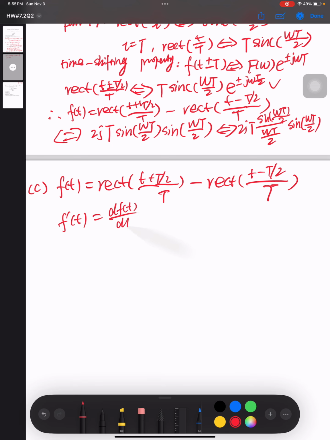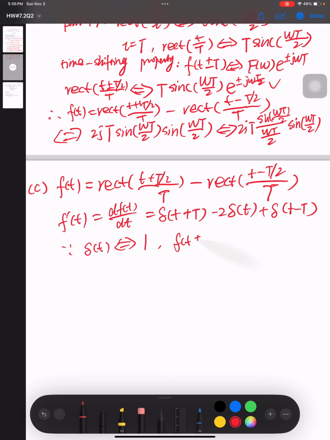So we get delta(t plus T) minus 2 delta(t) plus delta(t minus T). Since the Fourier transform of delta(t) is 1, and f(t plus or minus T) has transform F(omega) e to the plus or minus j omega T.